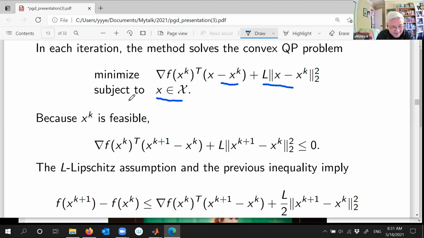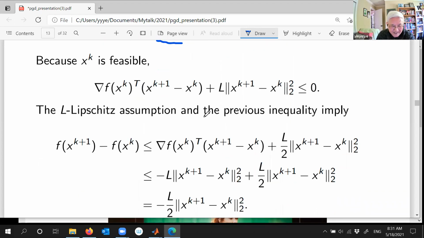Because xk is in the set, this function must be less than or equal to 0. Otherwise, I just take x equal to xk, and this objective value will become 0. Now I minimize this, so the whole thing at xk plus 1 has to be less than or equal to 0. Then by using this Lipschitz smoothness condition, this function is less than the linear term plus L divided by 2 times the squared norm.